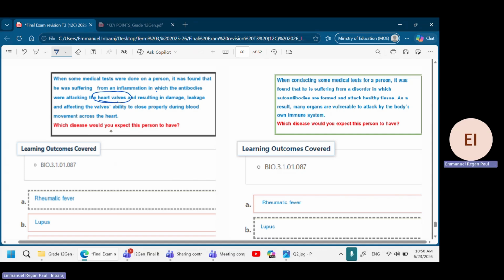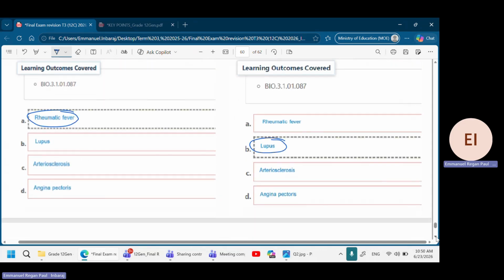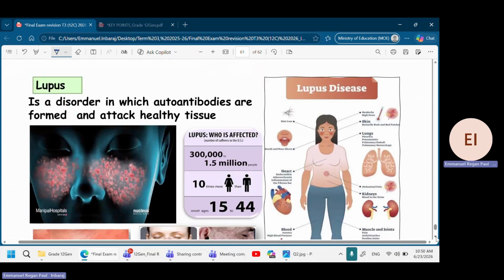Which disease would you expect this person to have? So, rheumatic fever. Look at this. When conducting some medical test for a person, it was found that he was suffering from a disorder in which the autoantibodies are formed and attack the healthy tissues. So what is expected? So you can say it is lupus. That's all. So this is what I want you to do. You can read it slowly, look for the keyword, and then you can answer.